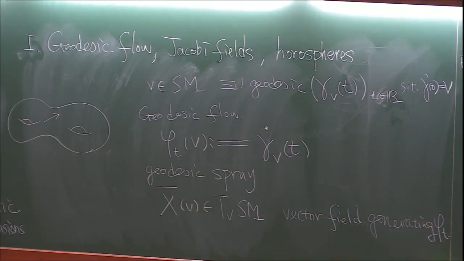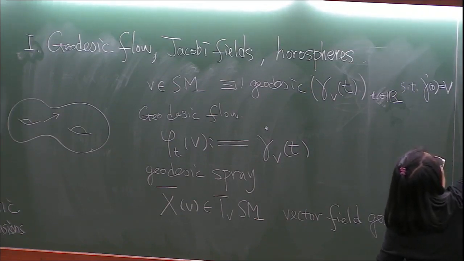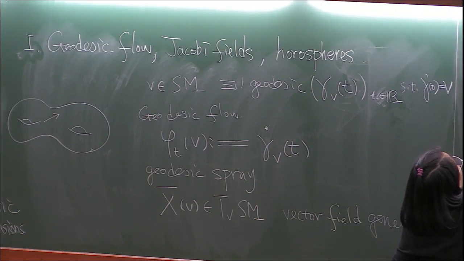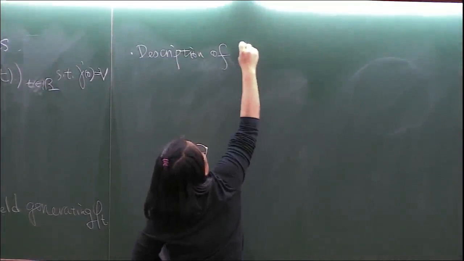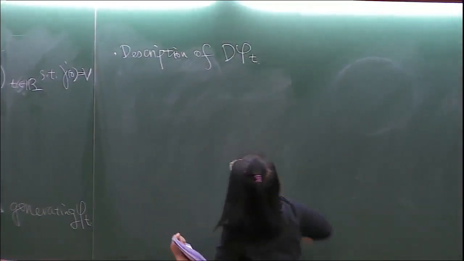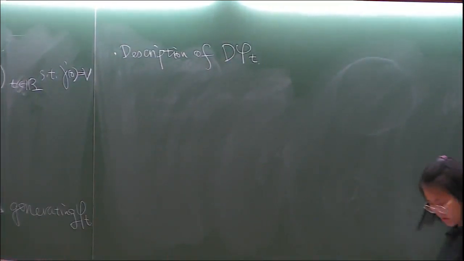So with this flow, the first thing we want to understand is the tangent map of the time-t map. So understanding the geodesic flow begins with the description of the tangent map, d phi t at v.